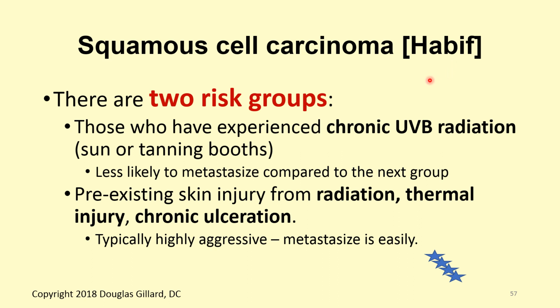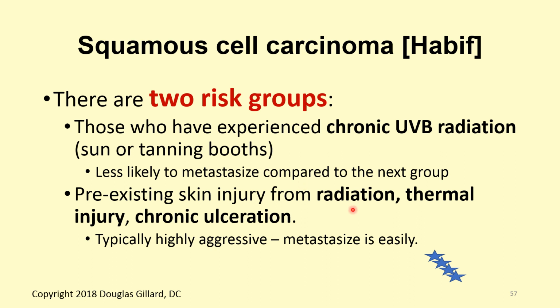There's two risk groups. You can break it down a little bit. Those who experience chronic UV radiation from tanning booths and UVA, I should add in there as well. Tanning booths, the sun. If you get cancer from this, it's more likely to be an in situ type of cancer where it doesn't spread.